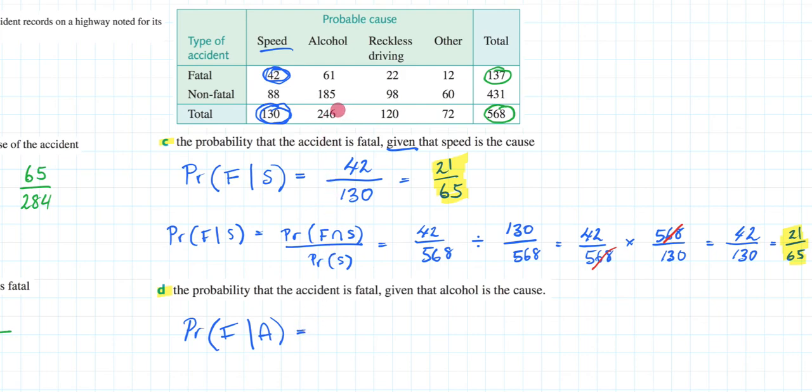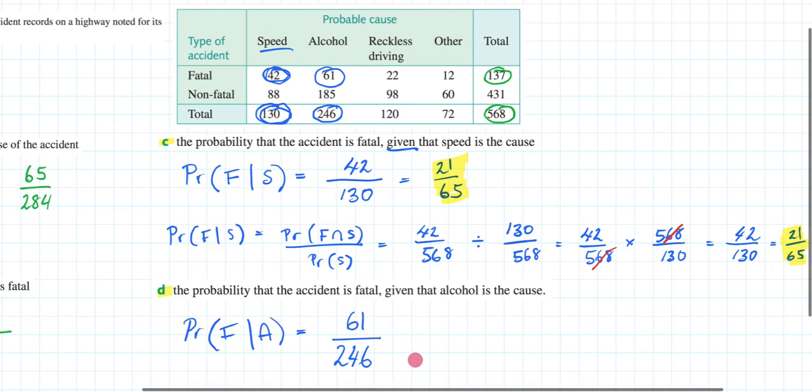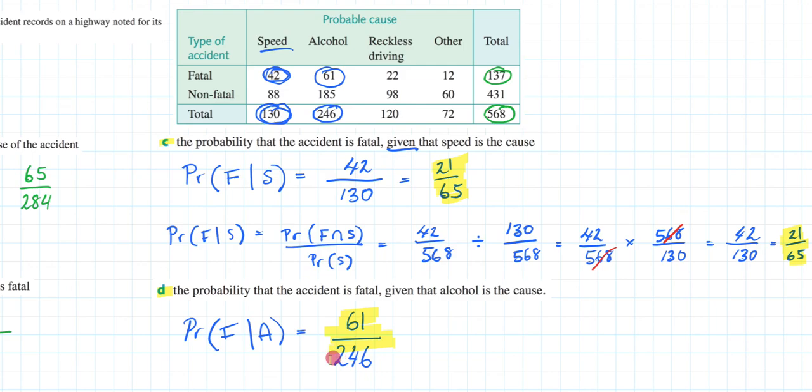So that means I'm going to be dealing with this number, 246. Now, the amount that were fatal is 61. So it's going to be 61 over 246, which can't be simplified. So I'm just going to leave it like that. So that will be my answer, 61 over 246.